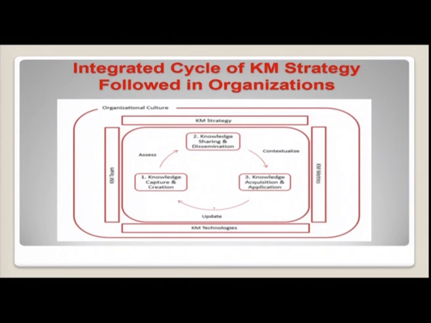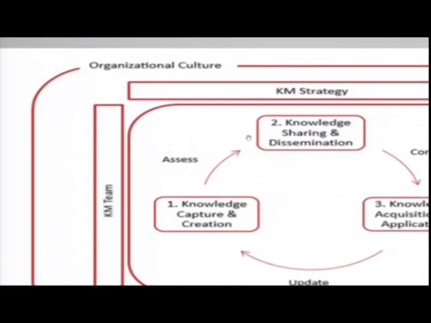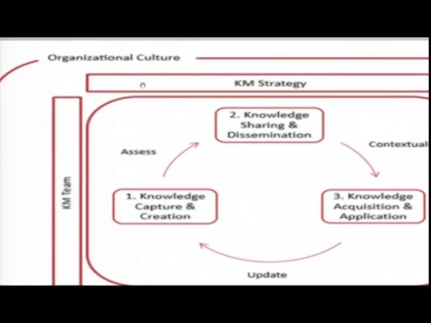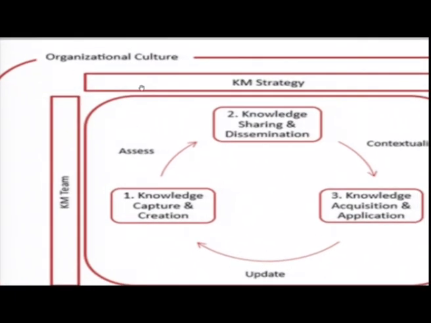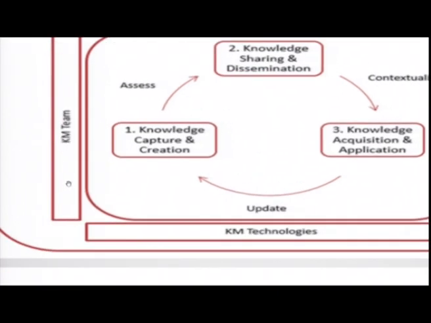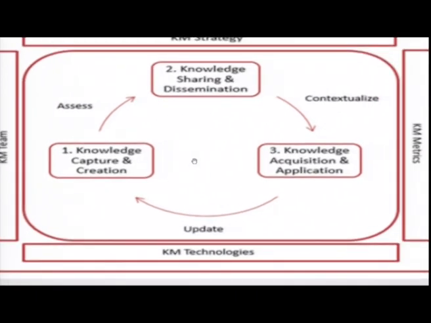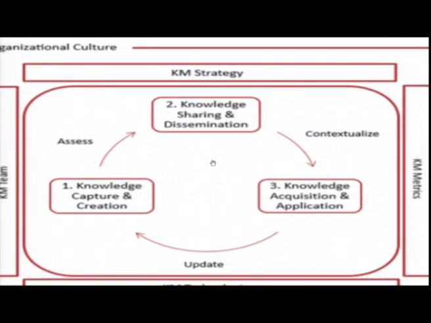Now let us see the integrated cycle of the knowledge management strategy followed in organizations. You have an organizational culture. Each and every organization has its own culture of working, the methodology that they follow. You have the knowledge management team, and these are the 3 points highly required for the knowledge management strategy. The first point is knowledge capture and creation.